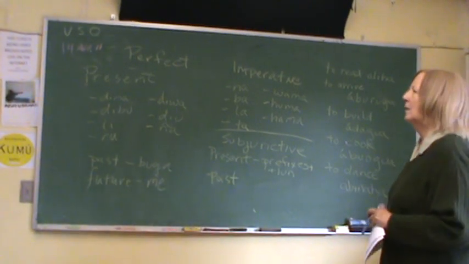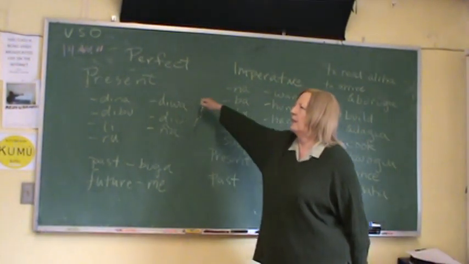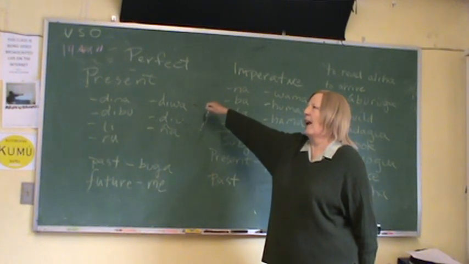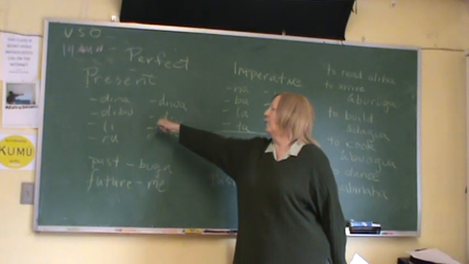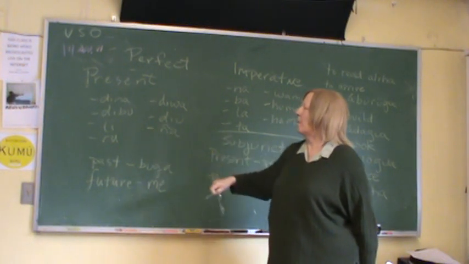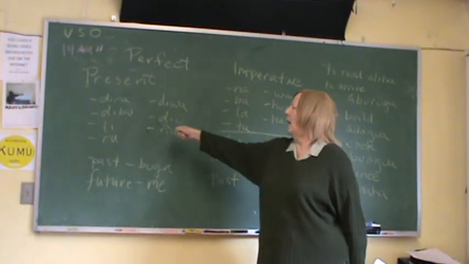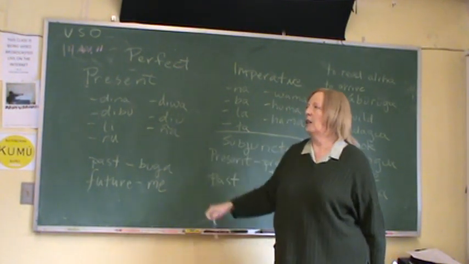There you go. So here are your suffixes for the present perfect that are added. Ebugadina, I have walked; you have walked; he, she has walked. What do you have there for he? Li is he, and Ru is she. Correct.